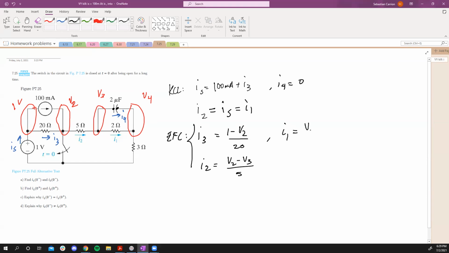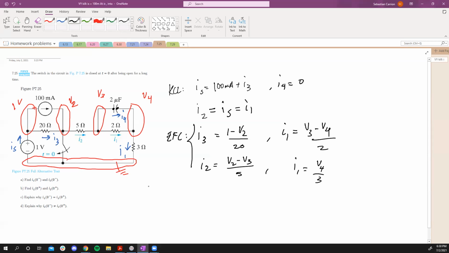I1 is equal to V3 minus V4 over 2. I1 is also equal to V4 over 3. Oh, I forgot to mention, I'm going to consider this my ground. Sorry, I always think this is implied when I'm doing it in my head.